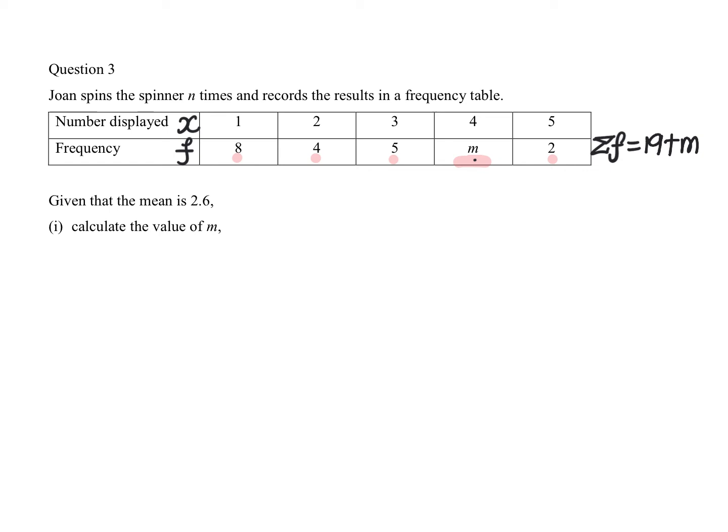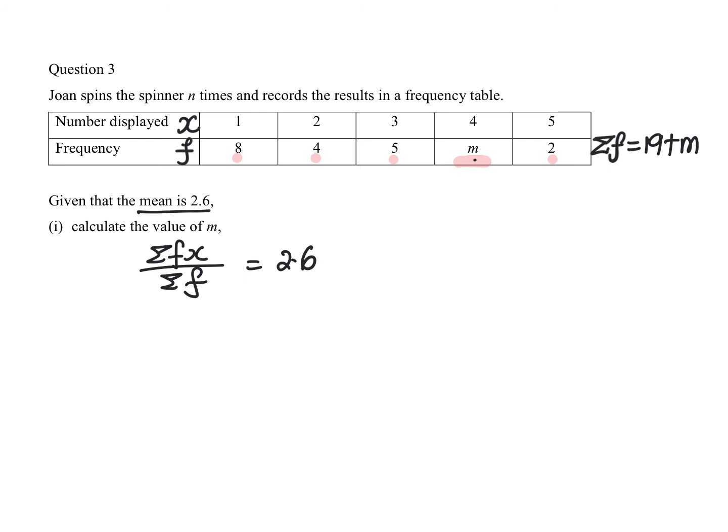Okay, next, let's look at the question. What is the data information that we are given? The question gives me that the mean is equal to 2.6. What do we mean by the mean is 2.6? Mean is given by summation fx over summation f, and this value is equal to 2.6.